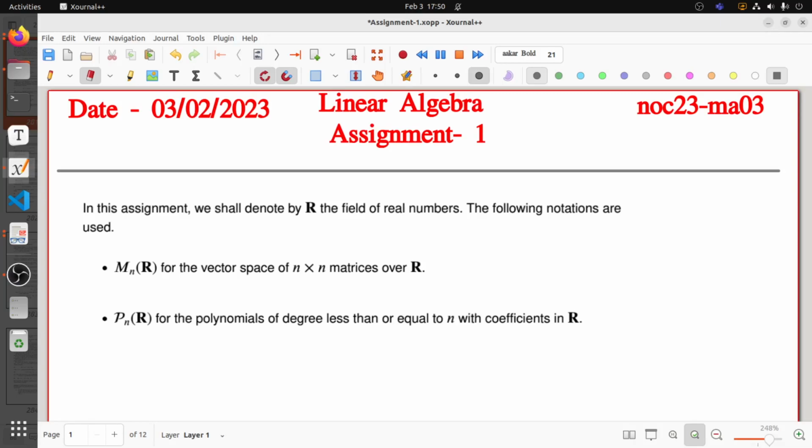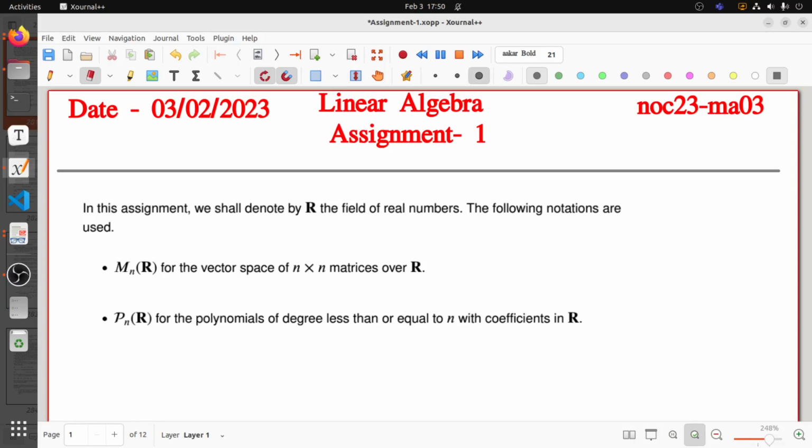Now check the next one. Does U belong to the span of this S in R3? Check it similarly. U is 1, 2, 4, and S is 3, 4, 2 and 1, 1, minus 1, right?